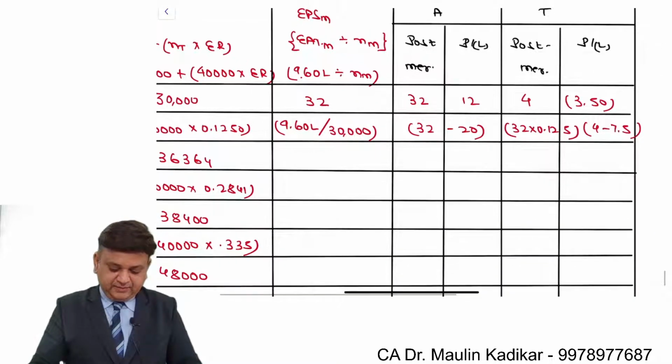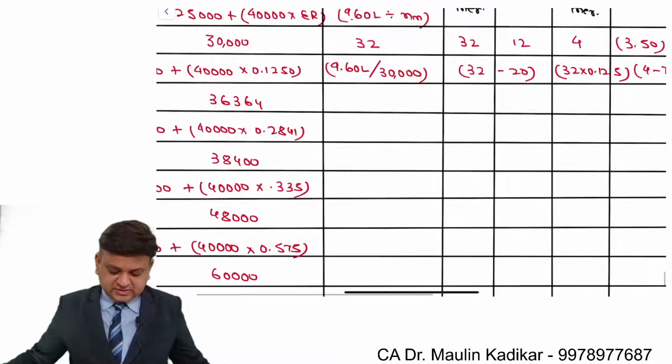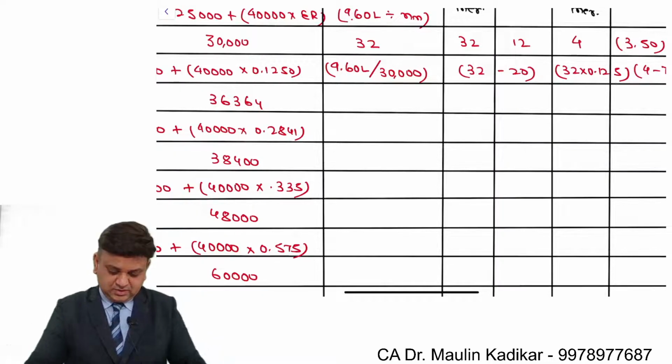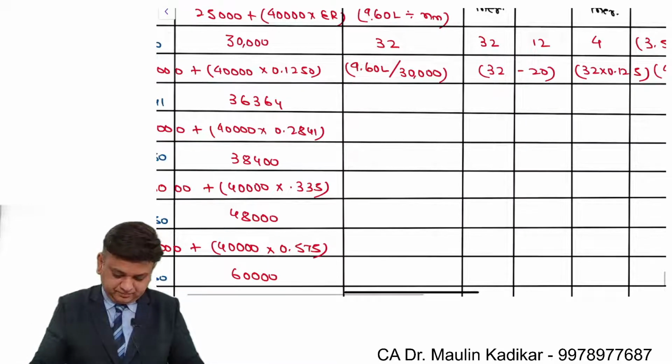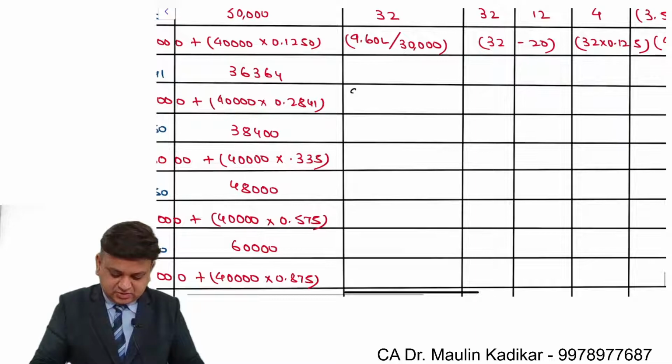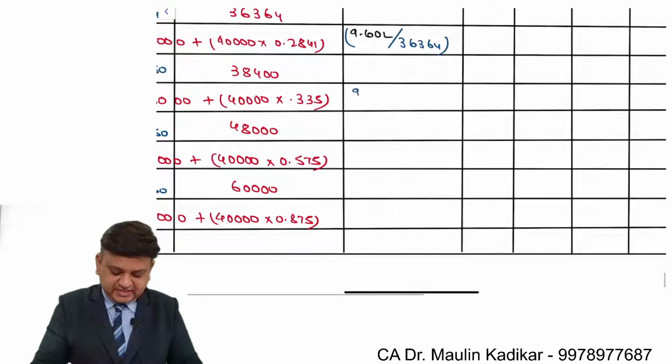EPS is earning after taxes divided by number of shares. That comes to 9,60,000 divided by 36,364. Next is 9,60,000 divided by 38,400.